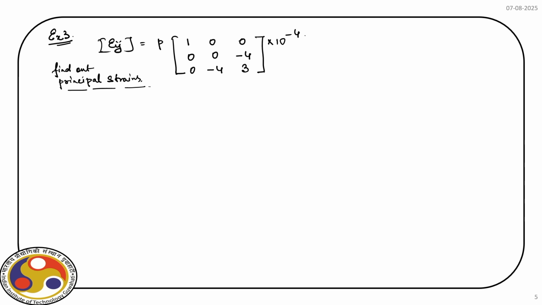Now, for that again we have already derived those expressions. If you recall, we have to go for the eigenvalue problem, right? And the characteristic equation is a cubic equation that involves 3 strain invariants.